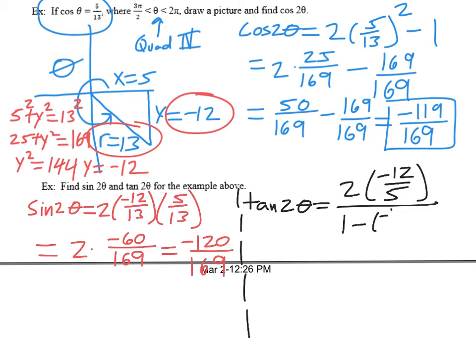Over 1 minus our tangent value squared. All right, top becomes negative 24 over 5. Bottom will become 1 minus 144 over 25.